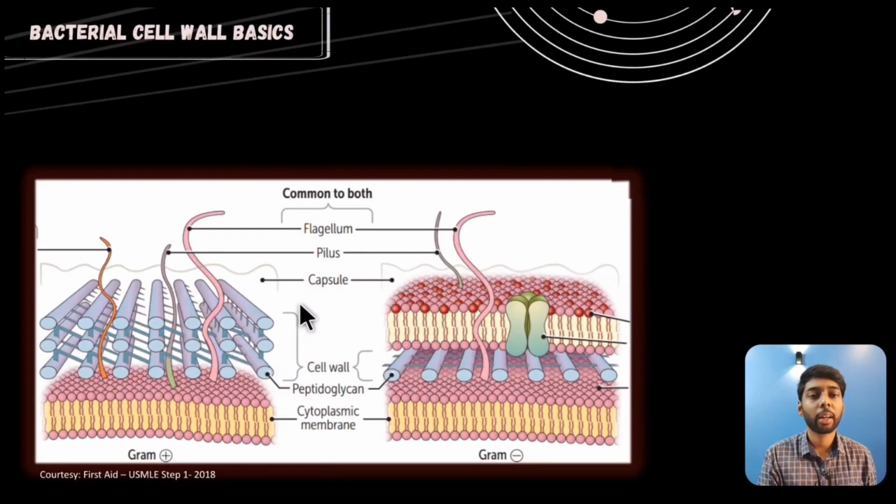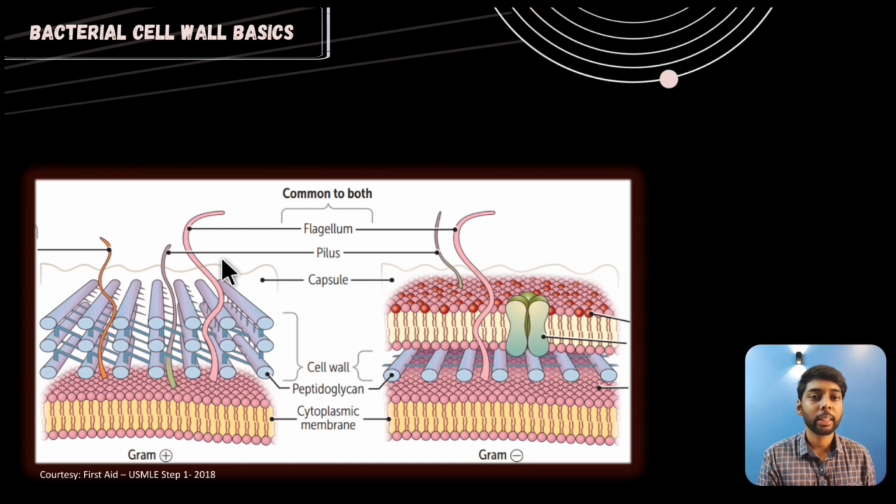So before we can talk about gram staining or any staining for that matter, let's just look at the basic structure of bacterial cell wall. We don't need to understand all of the structures here. Rather, let's just concentrate on the peptidoglycan layer. On the left, we have a gram-positive cell wall, and here we have a gram-negative cell wall. So the main difference that is noticeable between the two bacteria is the thickness of the gram-positive peptidoglycan layer and the gram-negative peptidoglycan layer.